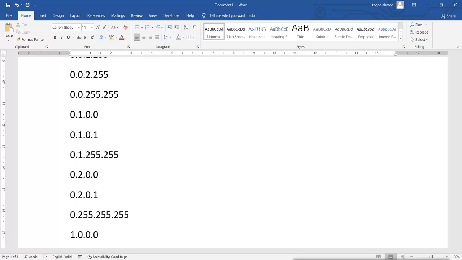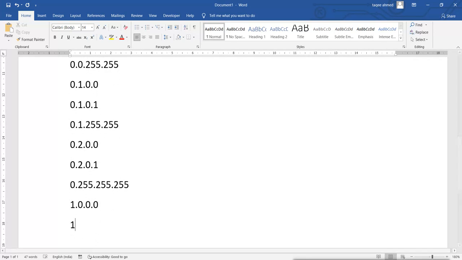And then it will start again from 1.0.0.1. And then it will go on to become 2, 3, 4, 255, 1, 255, 2, 255, 3, 255, 4. When all these parts will be 255, then this will change. So it will go like this, the IPs will change like this.